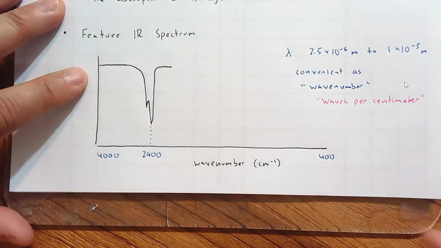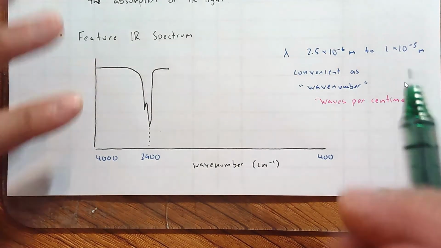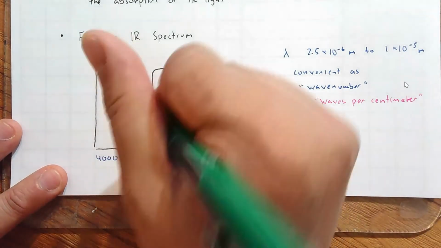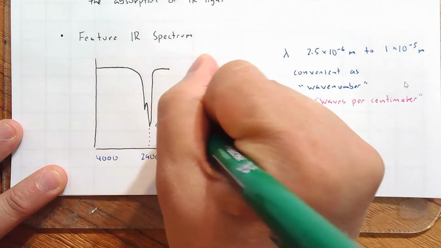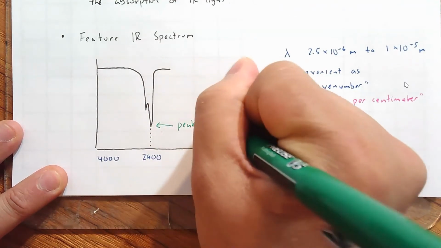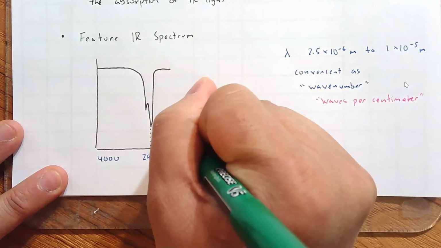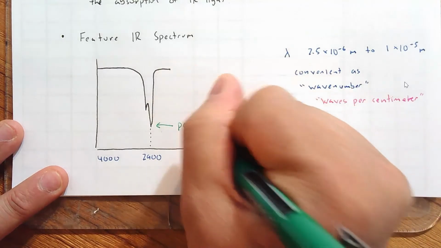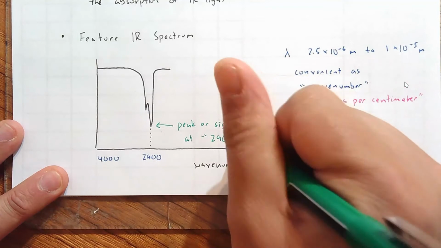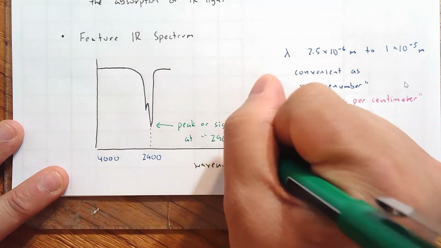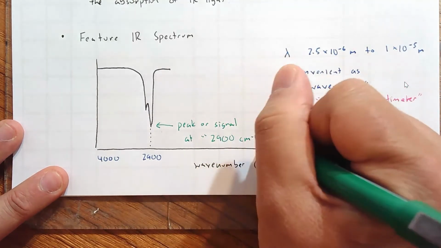In terms of language, and in terms of verbalizing this, you would say that this is a peaky signal at 2900 inverse centimeter wave number.